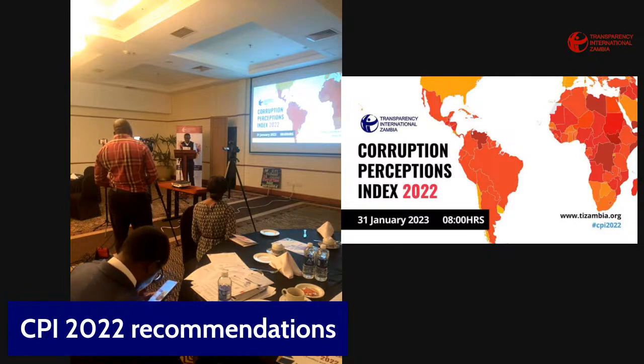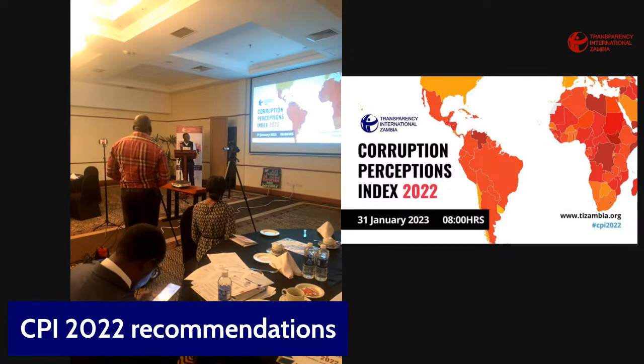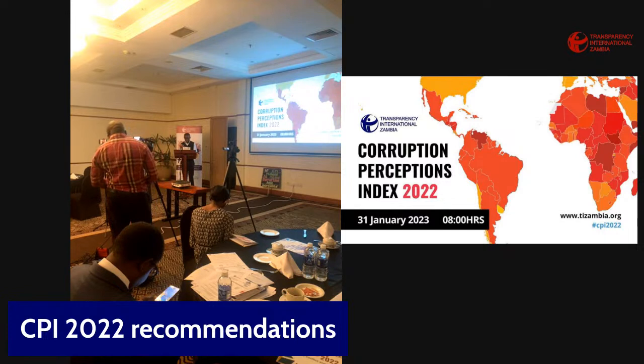Unsurprisingly, most countries at the bottom of the CPI are currently experiencing armed conflict or have recently done so. In the case of Zambia, ladies and gentlemen, we have experienced peace and security since our independence in 1964.